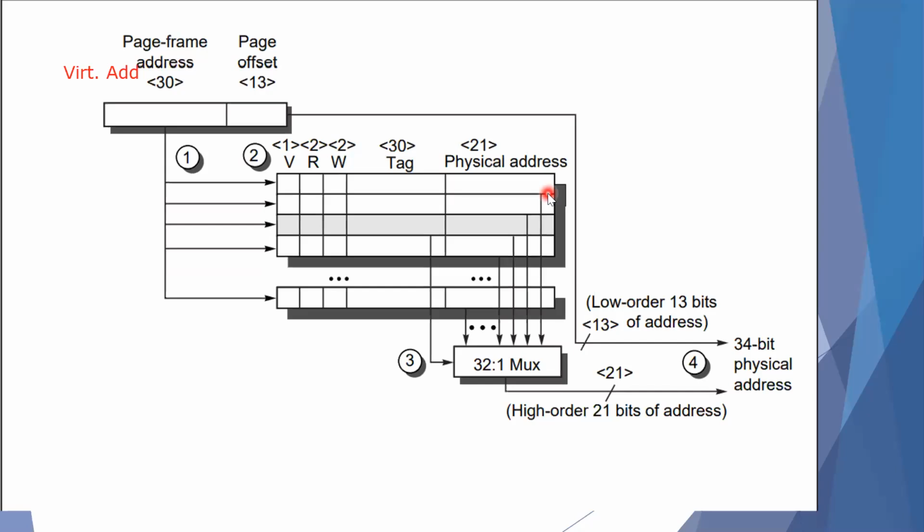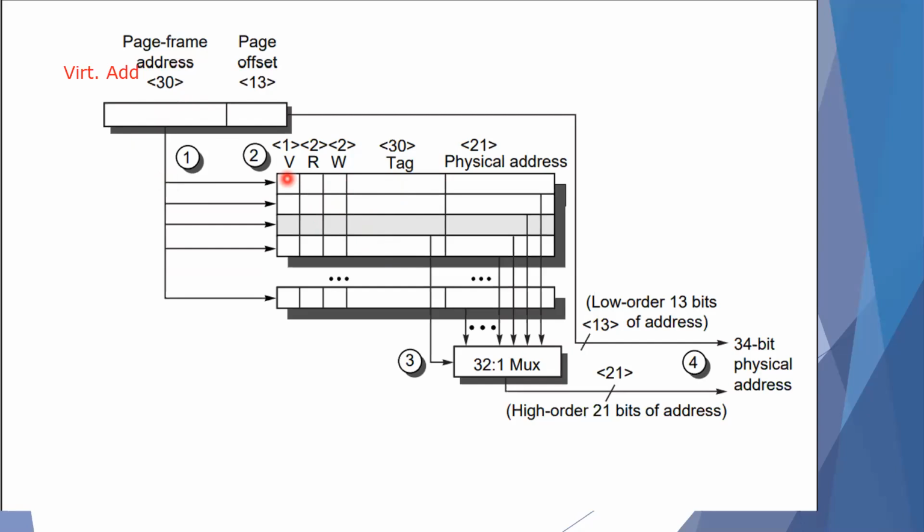Fine. Now, the address which is broken into page offset and the page number comes to the cache. It starts searching for all tags in parallel after checking the valid information. So what will the valid information tell?